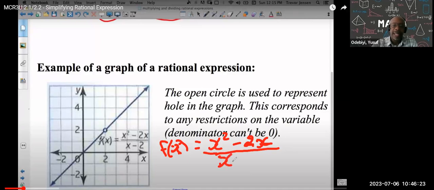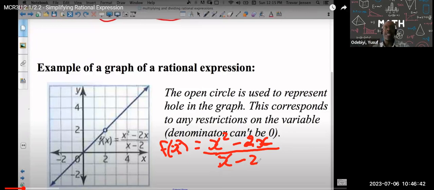Okay, so something like this, you want to simplify. But before you simplify, you have to look at what the restrictions are from the beginning.